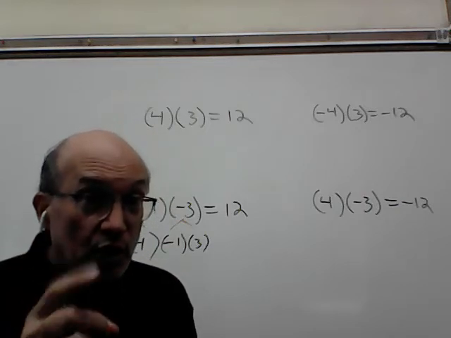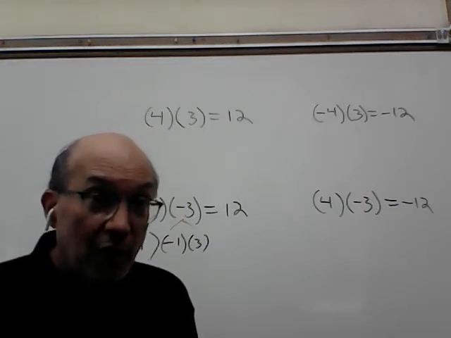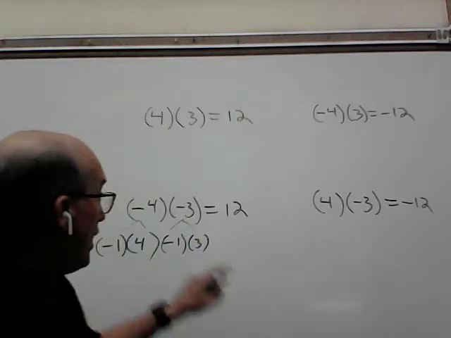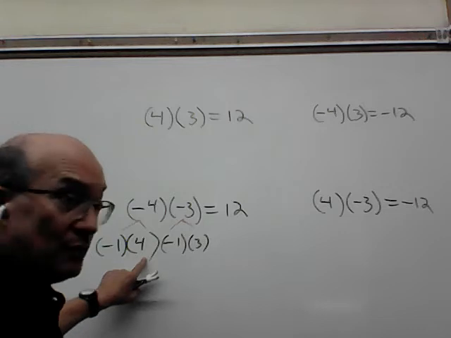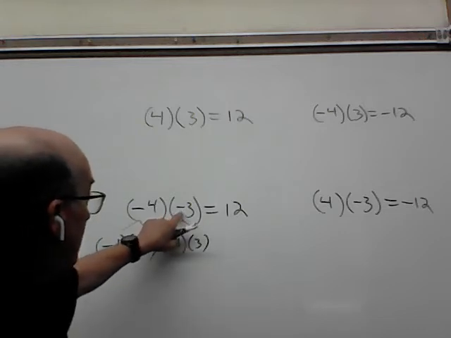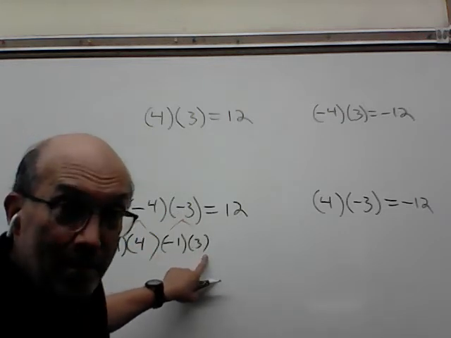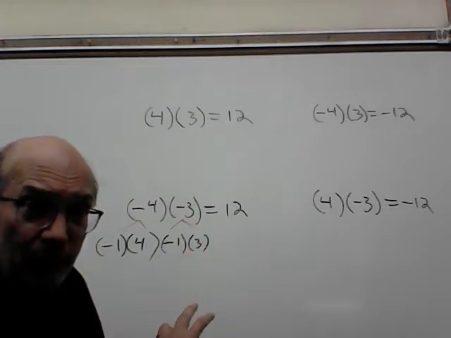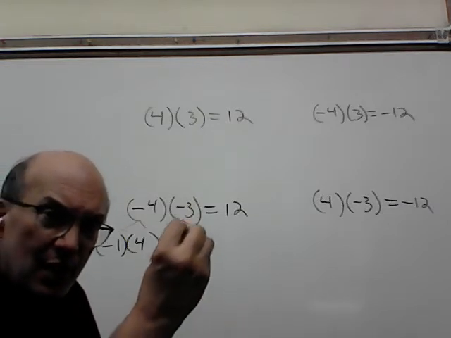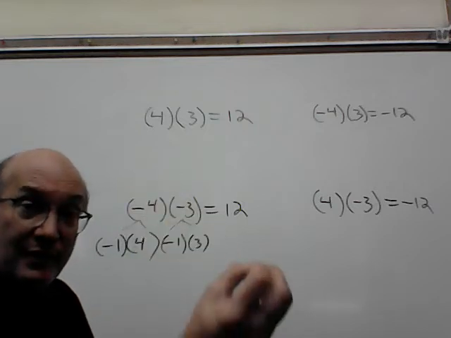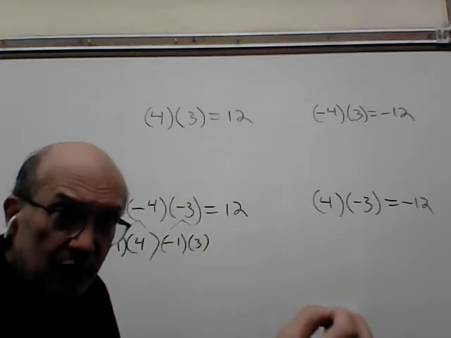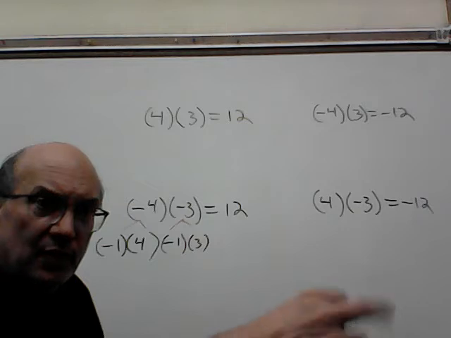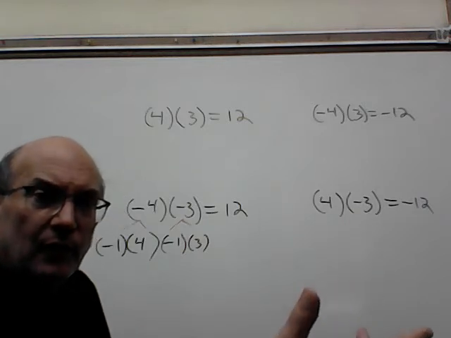But because we just proved that when you multiply a number by negative 1, you get its opposite, we can rewrite negative 4 as negative 1 times 4. And we can rewrite negative 3 as negative 1 times 3. Okay? So I'm not using the rule to prove the rule here. I'm using that crucial fact that we proved, that negative 1 times a number is the opposite of the number.